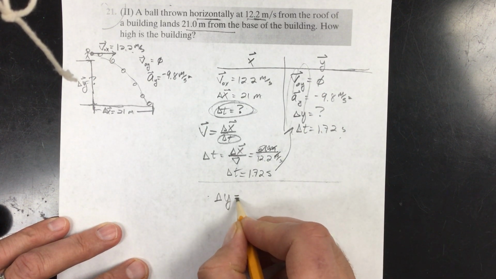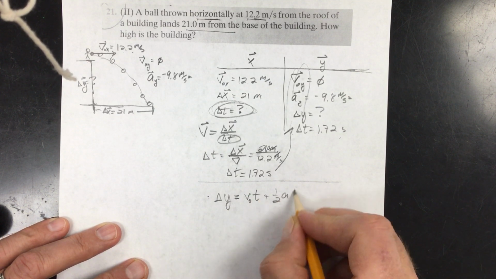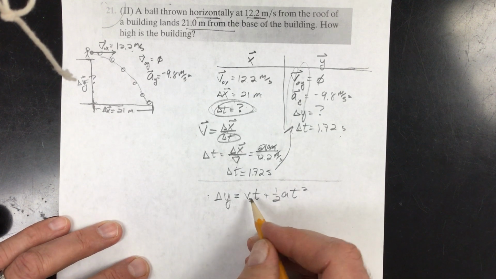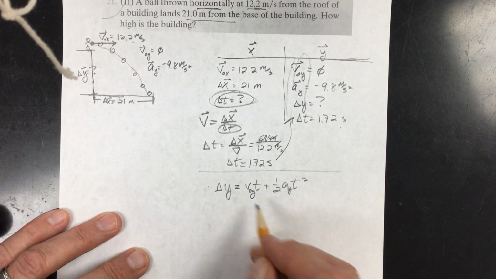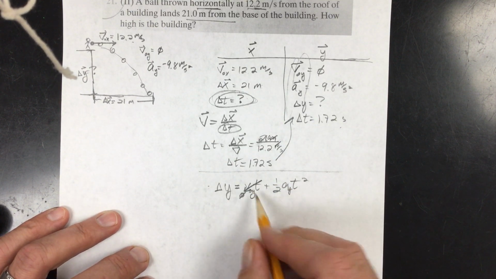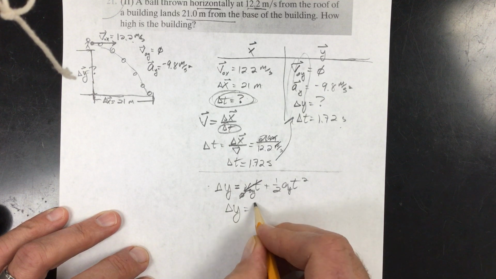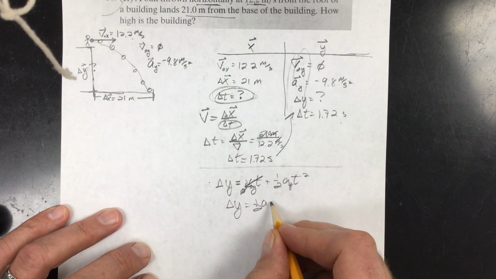Good old displacement equals initial velocity times time plus 1/2 acceleration times time squared. In this case, and we are talking about all in the y direction, my initial velocity in the y direction is 0, so that whole term drops out. So now I'm left with this, only because the initial velocity in that direction was 0.